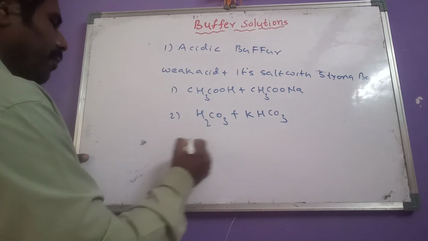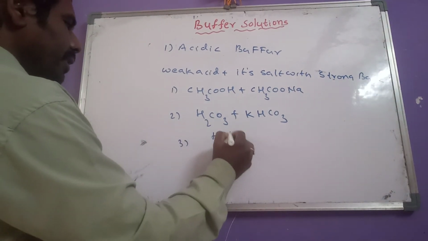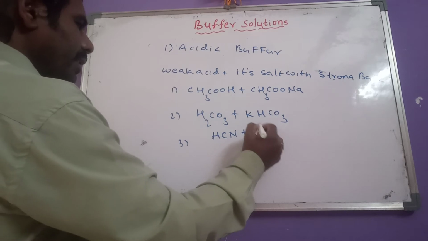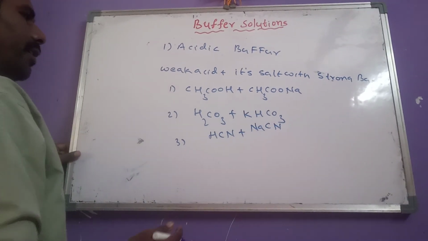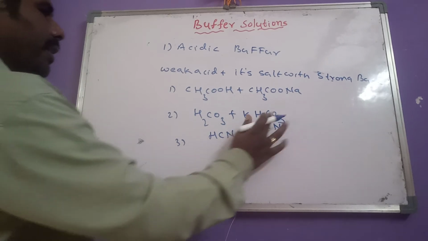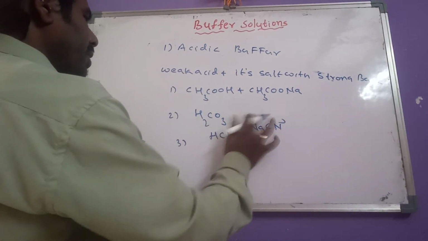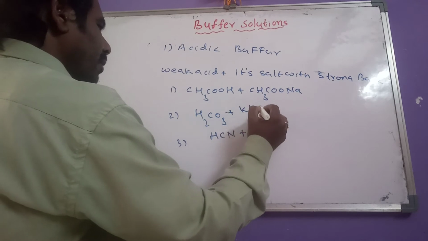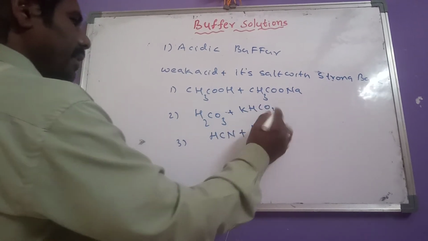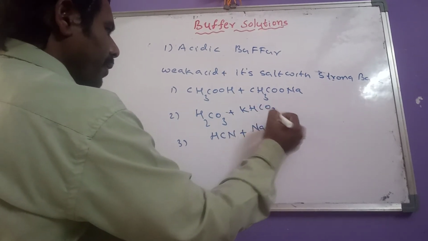And the third example: HCN is a weak acid, with strong NaOH it gives NaCN. So HCN plus NaCN, that mixture also should be taken as which one? An example of acidic buffer.